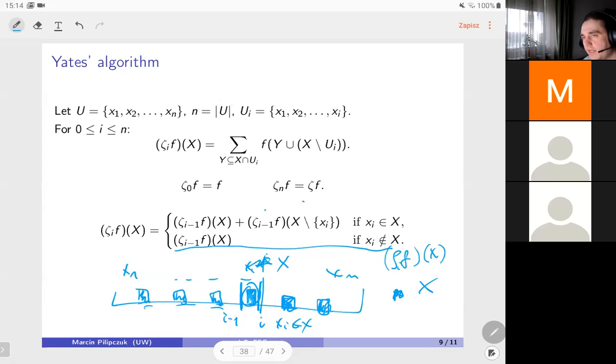And now I can switch him on and off. So if this guy is on, it's just the previous sum, but the number of elements in my sum doubles. There are now all the subsets in the summation that don't take this element, because I'm now allowed not to take this element.